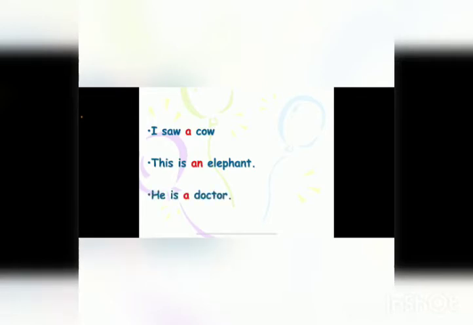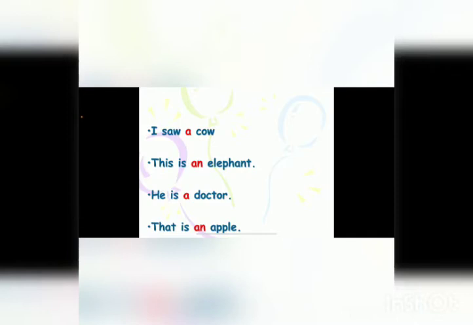Now let us first read a few sentences. I saw a cow. This is an elephant. He is a doctor. That is an apple. Now children, did you notice there are some words which have the word a before them, and some words which have an before them?